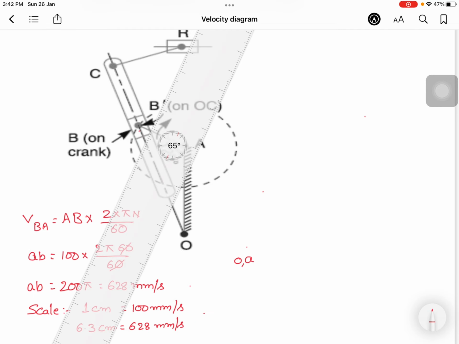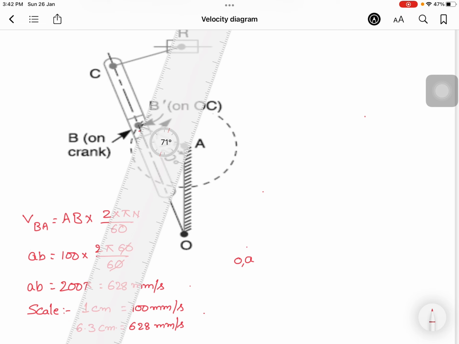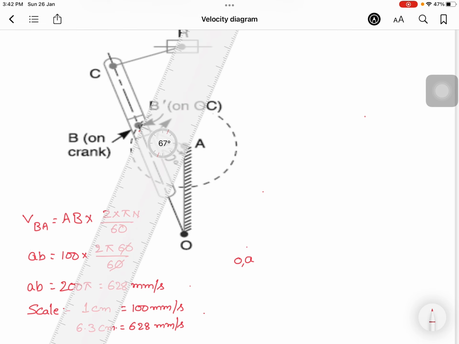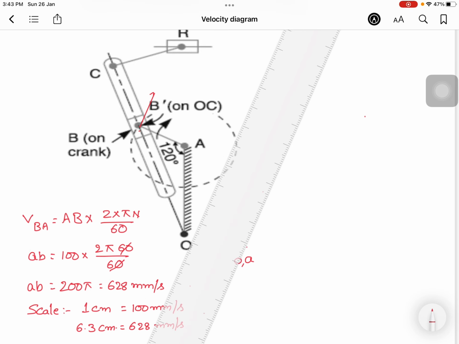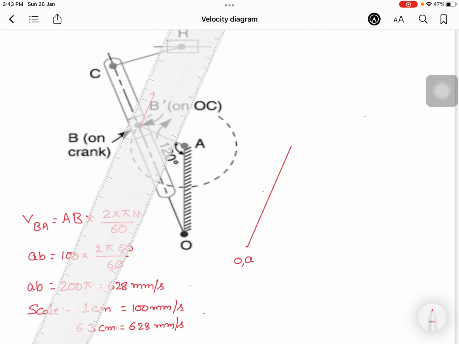Now the crank AB is rotating in a clockwise direction. That means the velocity of B is in this direction. Draw a line perpendicular to AB. This length will be 6.3 centimeters. Now this point will be B.